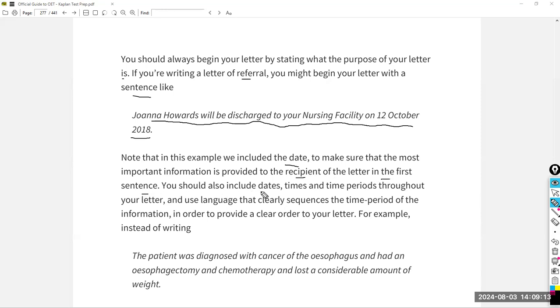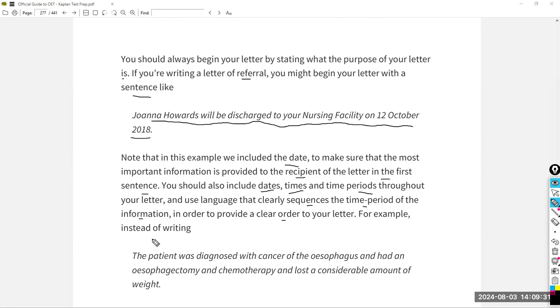You should also include dates, times, and time periods throughout your letter, and use language that clearly sequences the time period of the information in order to provide a clear order of your letter.